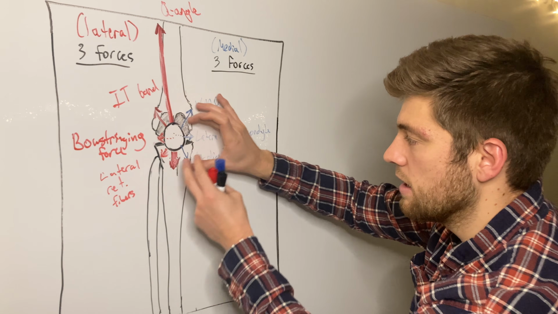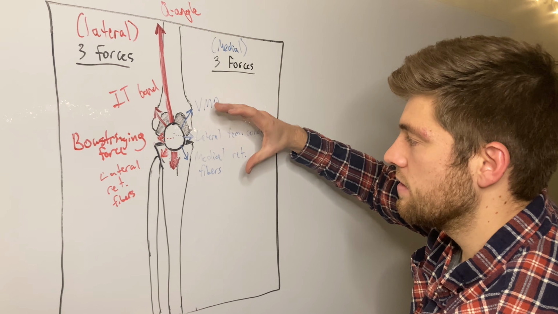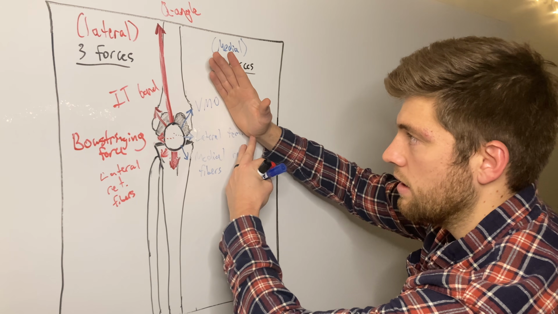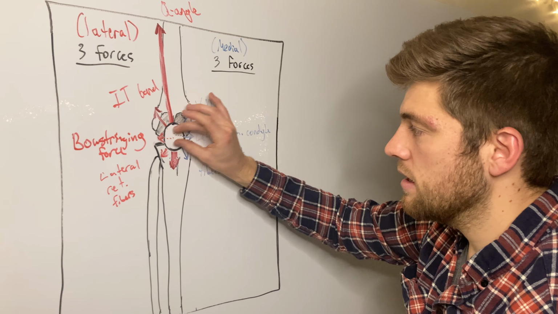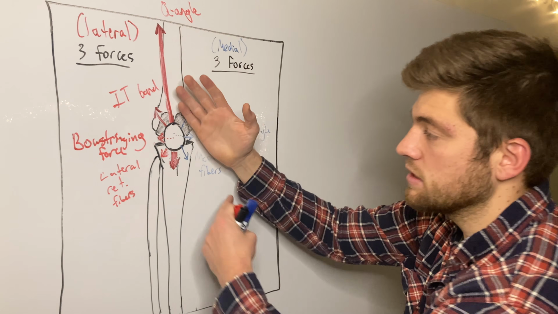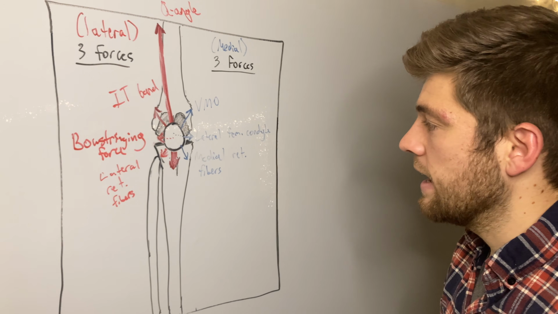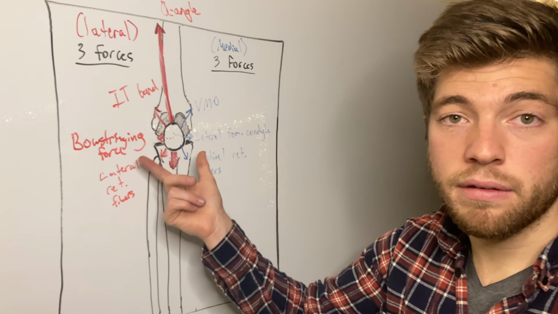And so when this knee comes in, then this angle of the quads becomes a lot more than what this one is. And therefore, when the quads contract, it's going to produce a lot larger bowstringing force, and that can cause a lateral dislocation of the patella.